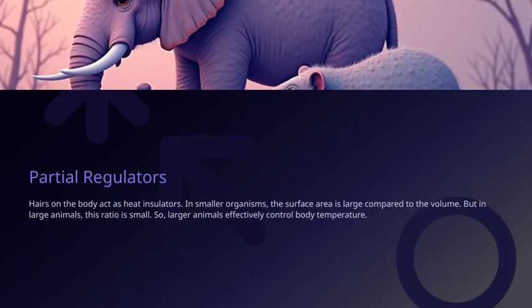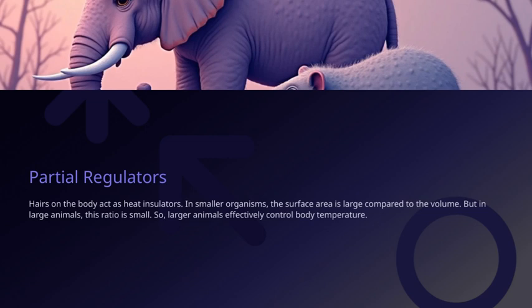Hairs on the body act as heat insulators, helping animals retain warmth in colder environments. When we look at smaller organisms, their surface area is quite large compared to their volume, which means they lose heat more quickly. In contrast, larger animals have a smaller surface area relative to their volume, making it easier for them to control their body temperature.